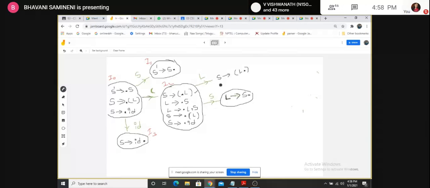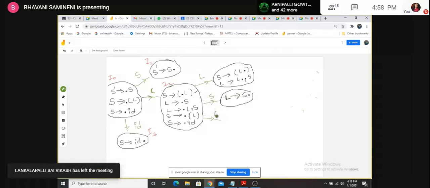Okay, so now this can be converted like L derives L dot comma S, the dot shifted to next to L, then a comma. So now this is the next state, and here we'll define the other transitions.